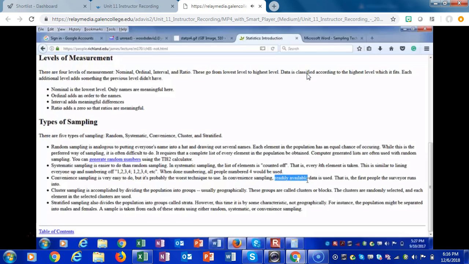Cluster sampling says I can divide students into groups. What that means is, out of that group of 30 students, I only want to sample students who live on Delaware Avenue. So all students who live on Delaware Avenue are the only ones who are going to take that survey. Okay?